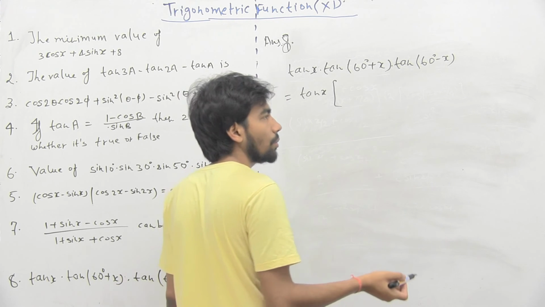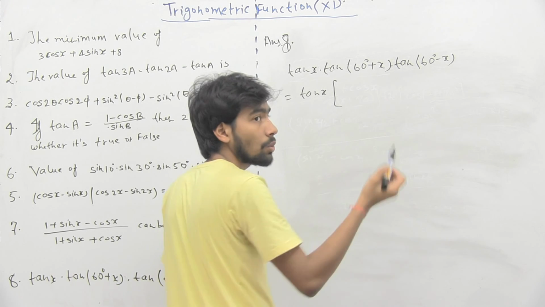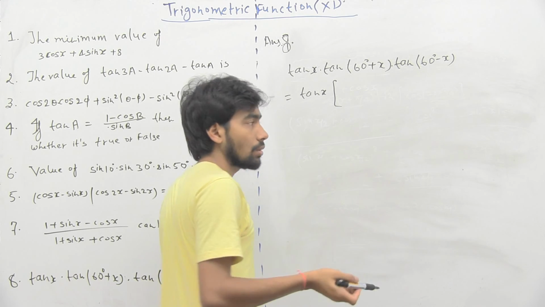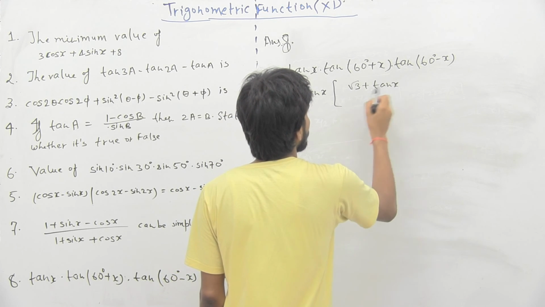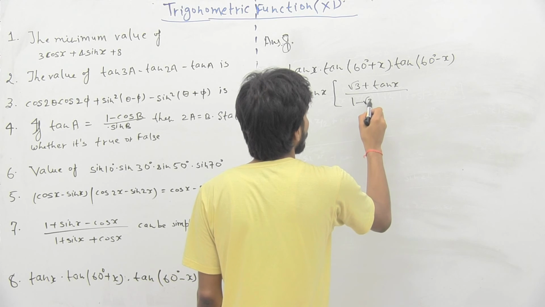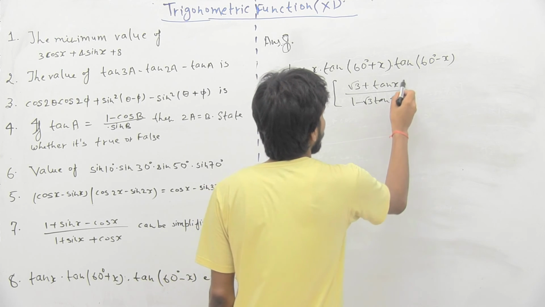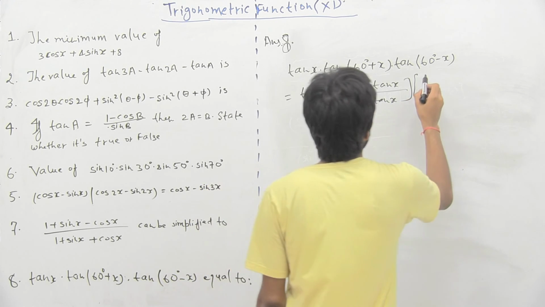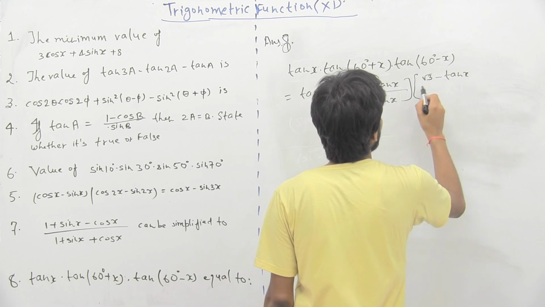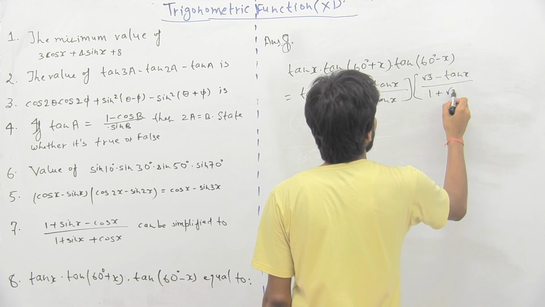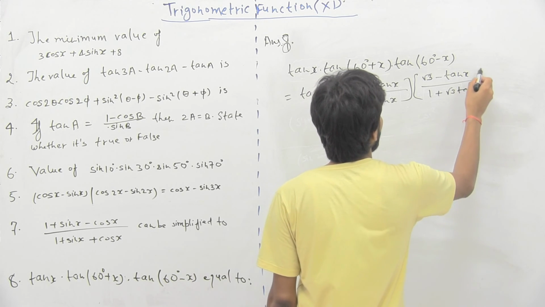Tan a plus tan b divided by 1 minus tan a tan b. So tan 60, what is the value of tan 60 degree? Root 3. Okay. So root 3 plus tan x divided by 1 minus root 3 tan x, and root 3 minus tan x divided by 1 plus root 3 tan x.